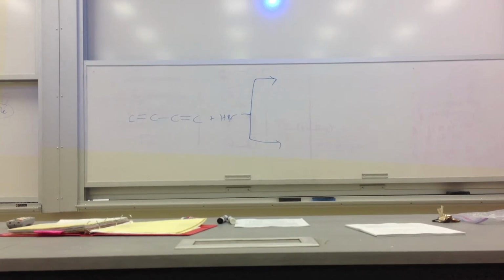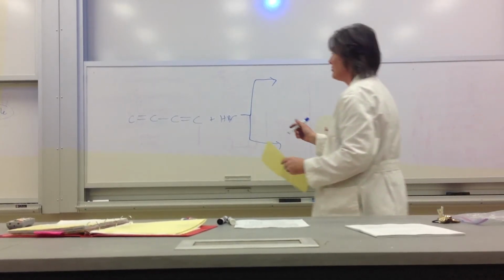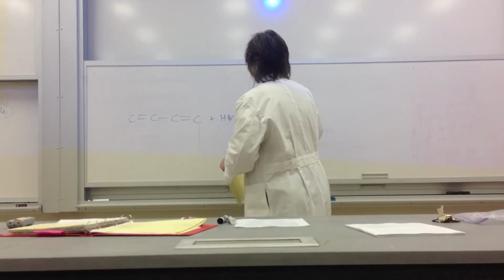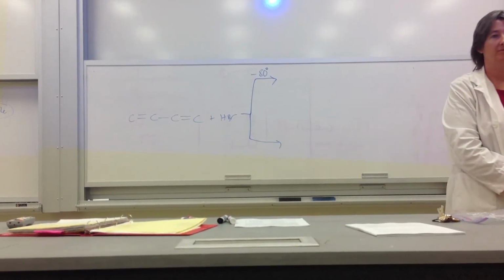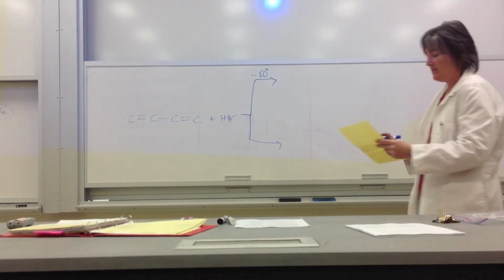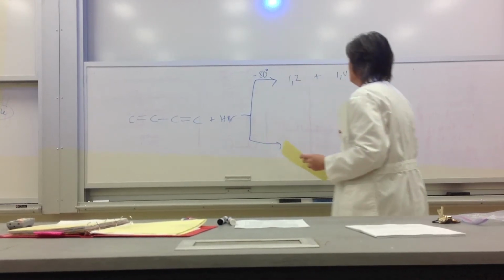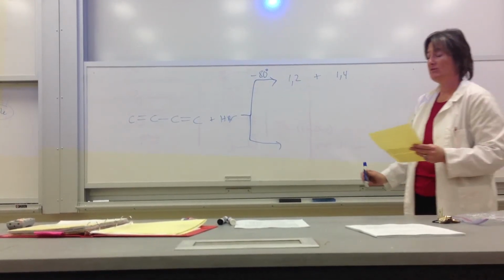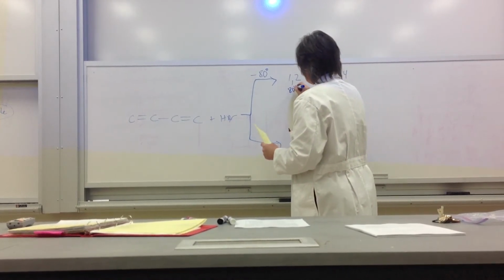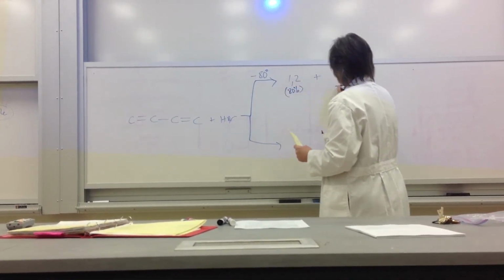All right. If I do this reaction cold, let's go to the extreme, negative 80 degrees. I get 1,2 and I get 1,4. The ratios, when it's cold, are 80% 1,2, 20% 1,4.